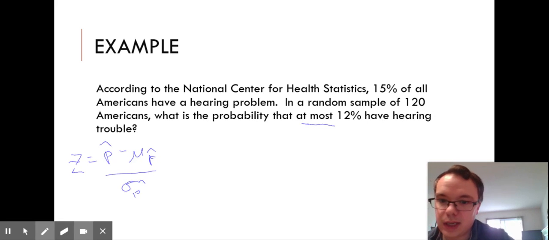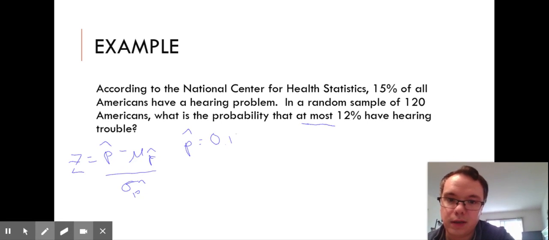So to get our z-score, we need to figure these things out. Our p-hat that we're given, we want to know if it's at most 12%. So 12%. For the population, our expected value, they told us, was 15%, so 0.15.